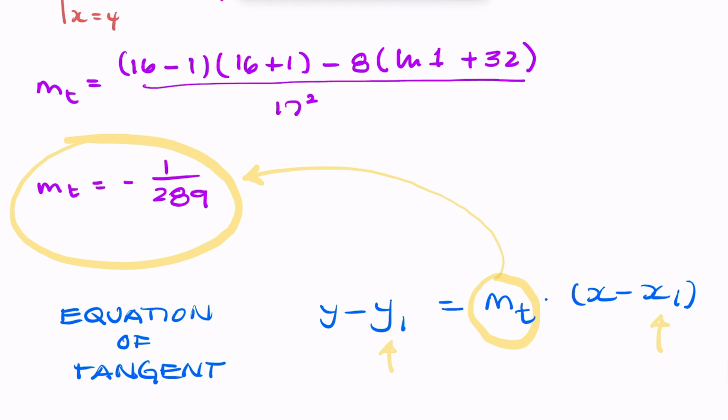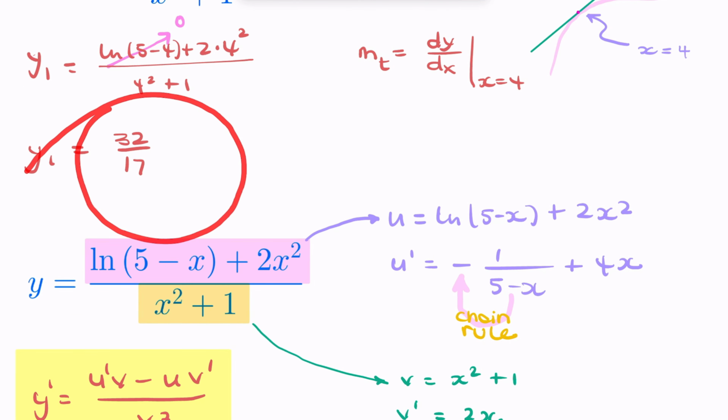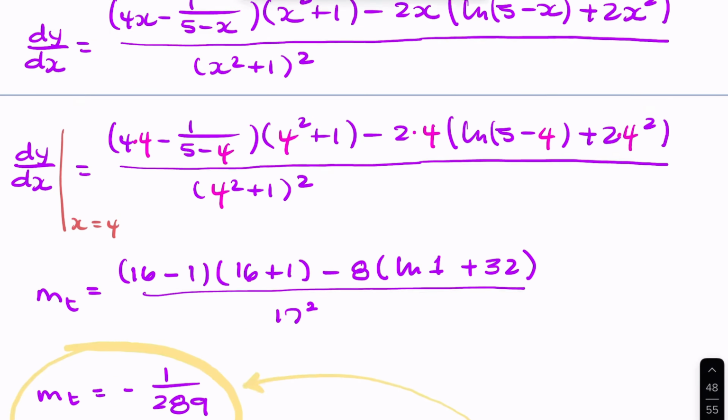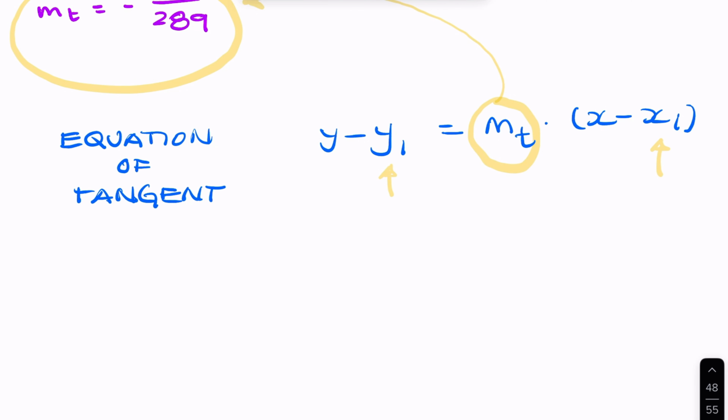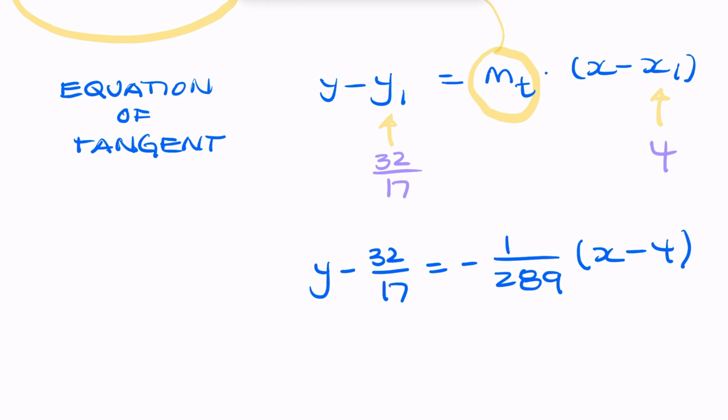So x1 is given in the question as 4, and y1 we found as 32 over 17. So you can say y minus 32 over 17 equals negative 1 over 289 times x minus 4.